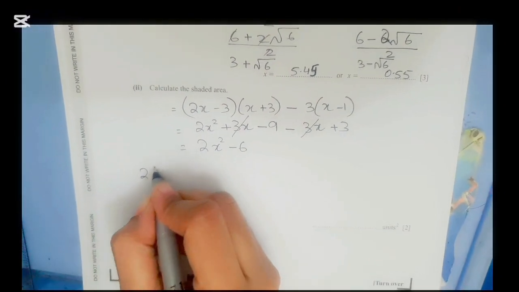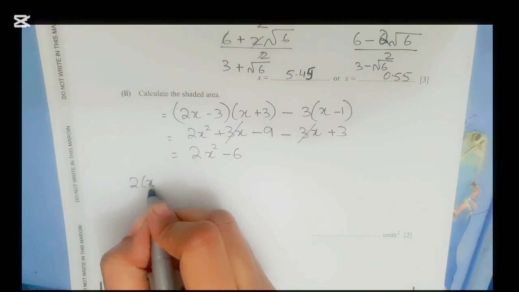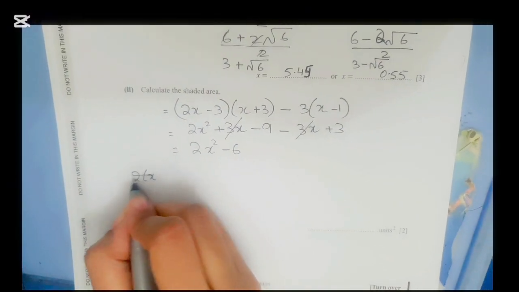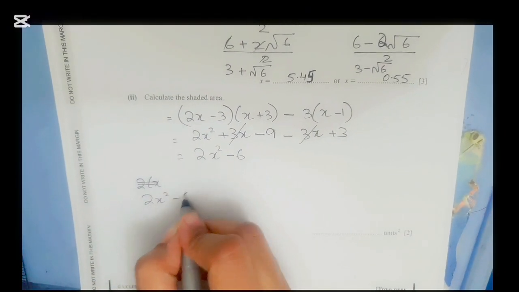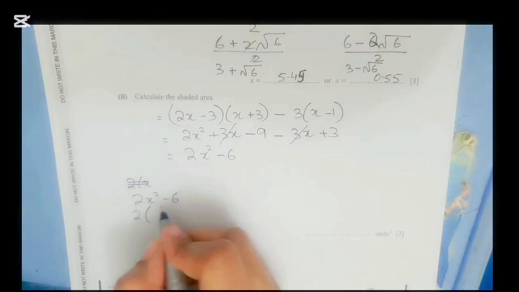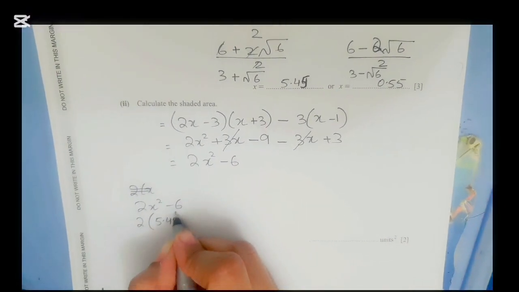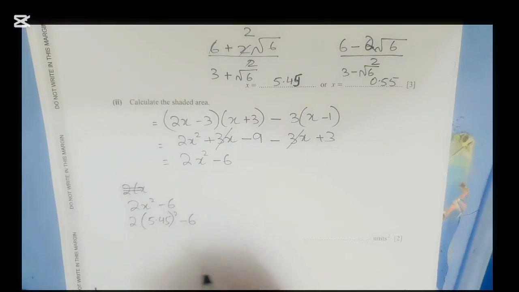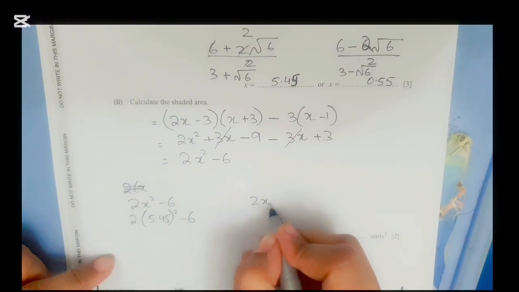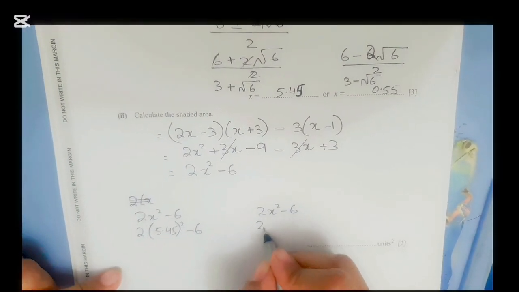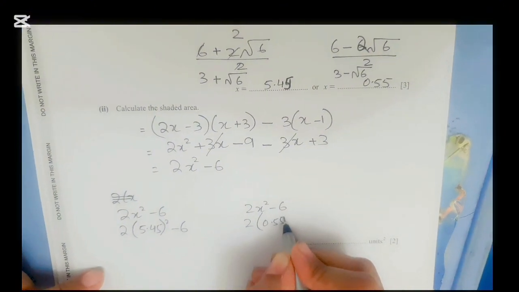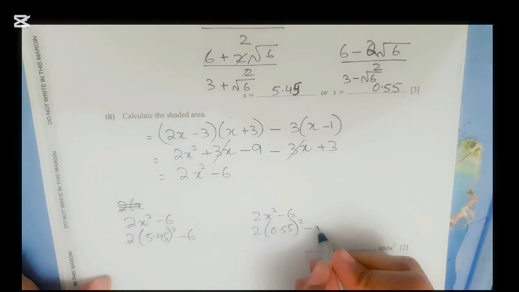So we know the two values of x. What is the value of x? 2x square minus 6. Now put the value, that is 5.45 square minus 6, and here 0.55 square minus 6.